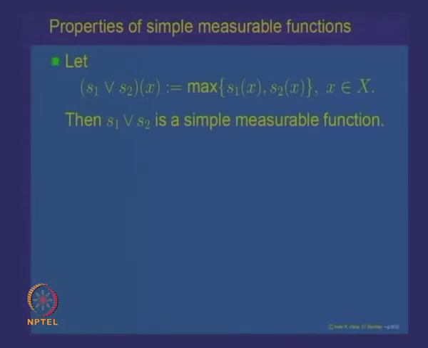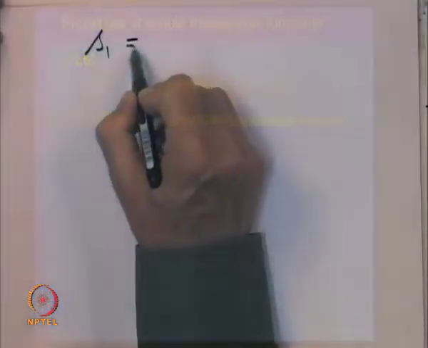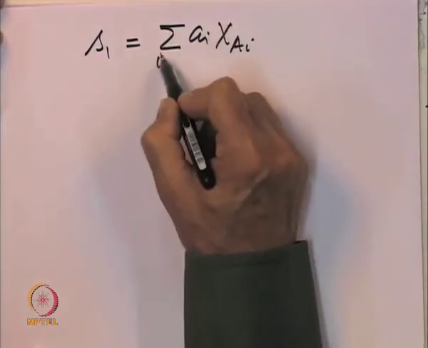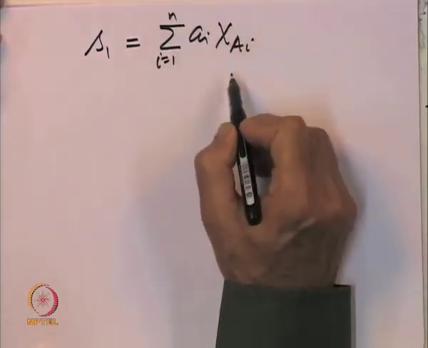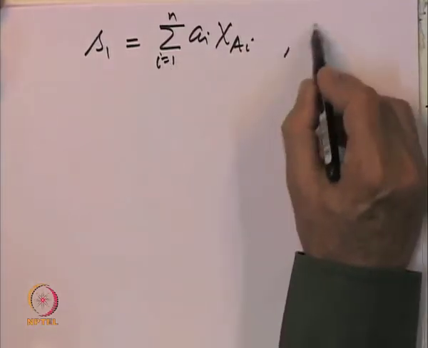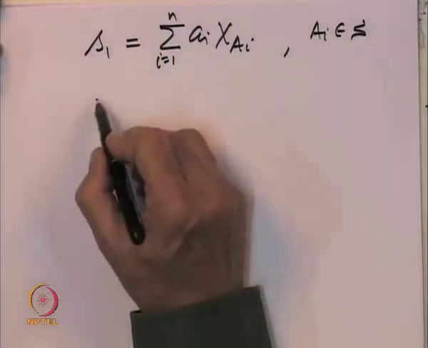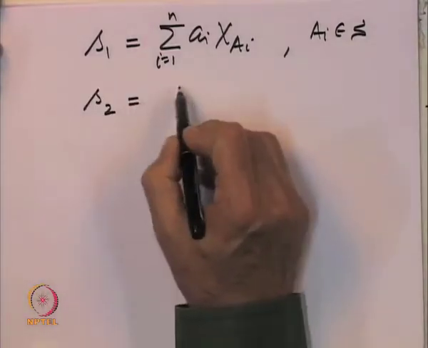Once again, the technique is the same as for the sum. So, let us write S_1 equal to sigma a_i chi of a_i, i equal to 1 to n, and let us assume S_1 is simple, that means all the a_i's are in the sigma algebra S. Similarly, S_2 is measurable.